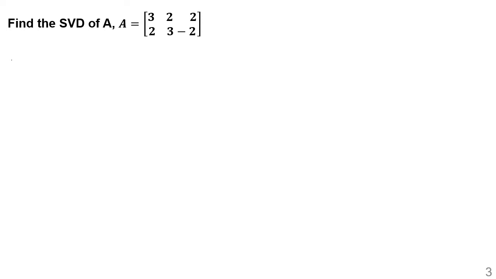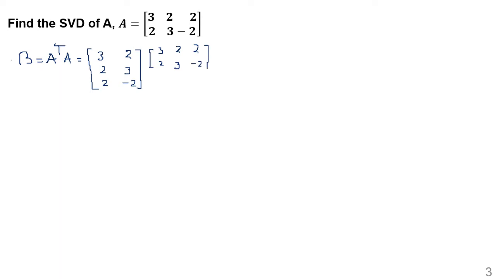First step is to find out G, that is equal to A transpose A. That gives you 3, 2, 2, 2, 3, minus 2 multiplied by 3, 2, 2, 3, 2, minus 2.